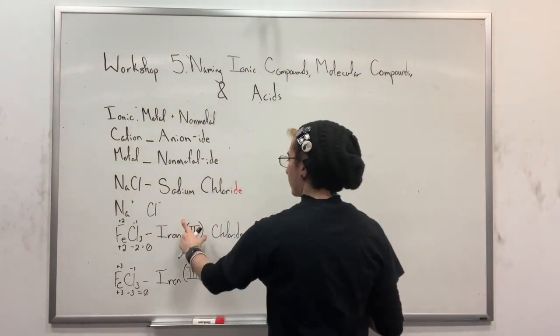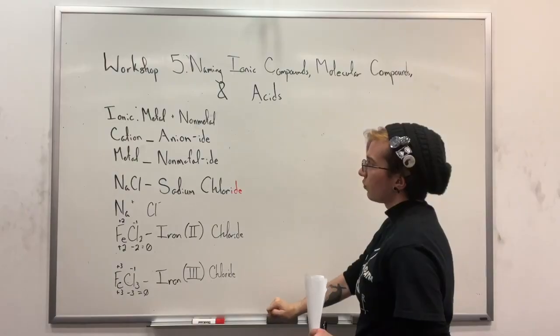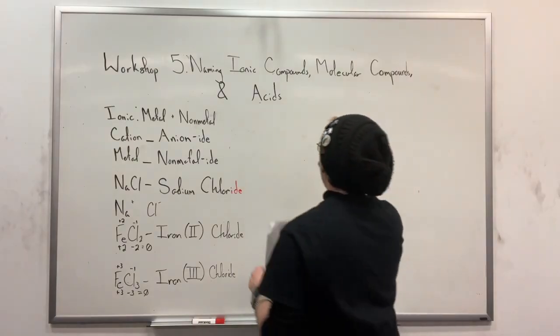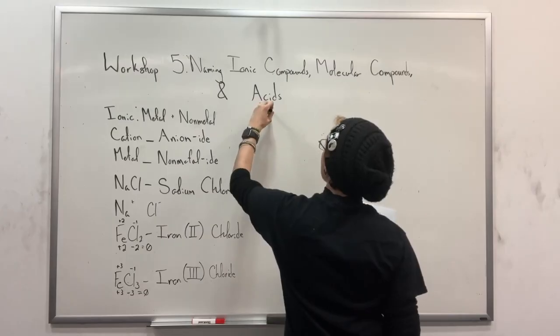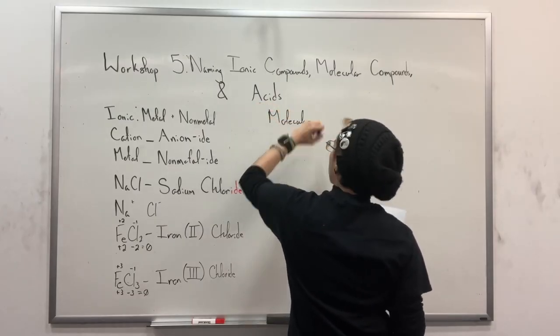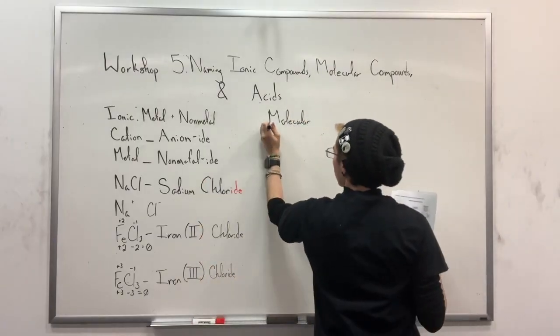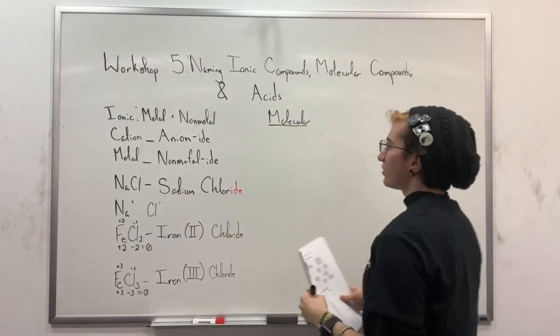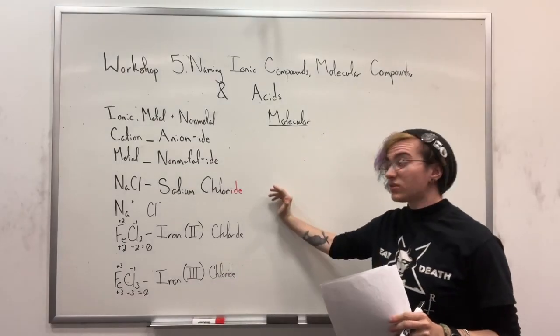Other than paying attention to your Roman numerals and having your endings, those are the main rules for ionic compounds. And so now we're going to go into molecular. There's not too many rules when it comes to ionic compounds, but with molecular, there's a little bit more memorization involved. A lot of the memorization with ionic compounds is going to be coming down to how well you know the elements themselves.